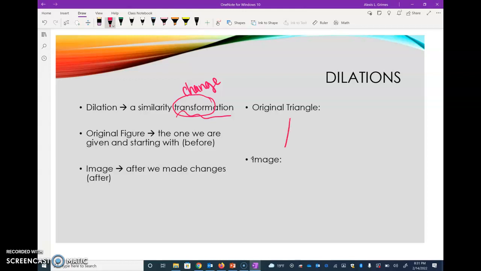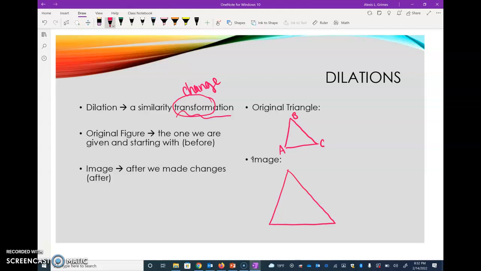Let's go with a triangle since we've been doing a lot of triangle work lately. I'm going to draw a triangle, and I'm going to name it A, B, C. So that's my original triangle. Now an image, let's make it bigger. So same exact shape, just bigger.